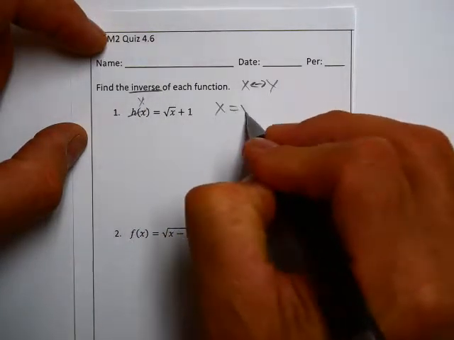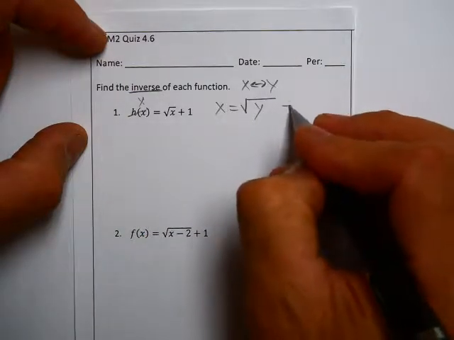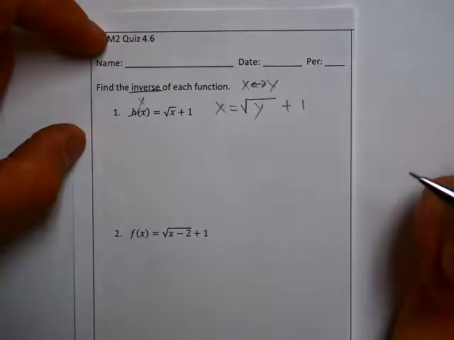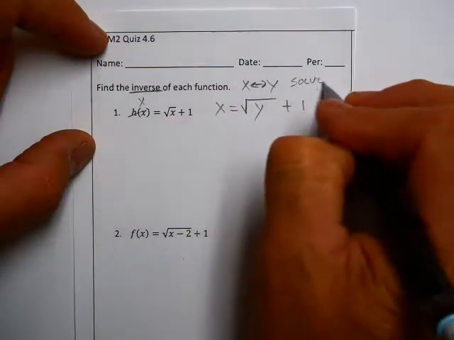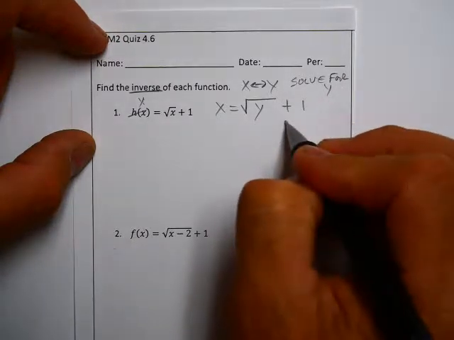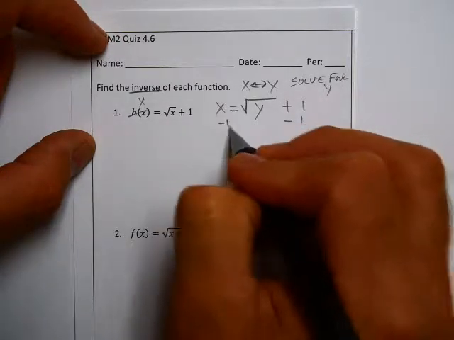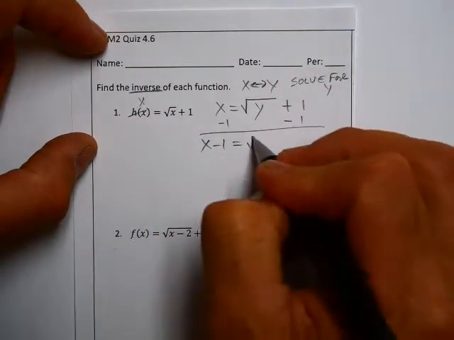So I'm going to say x equals the square root of y, or I could leave the h of x there, but I think it's kind of ugly if I do that, plus 1. And now what I want to do is solve for y. So I'm going to subtract 1 from each side. So I get x minus 1 equals the square root of y.